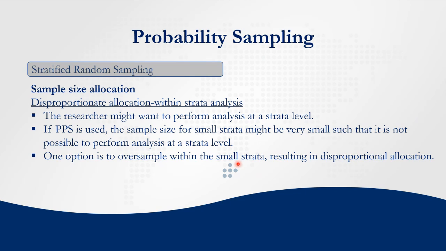So I'm now mixing. I started with proportional, but I see that it's not working for these small groups, so if I'm selecting students from schools, I might say a minimum from a school must be 20.